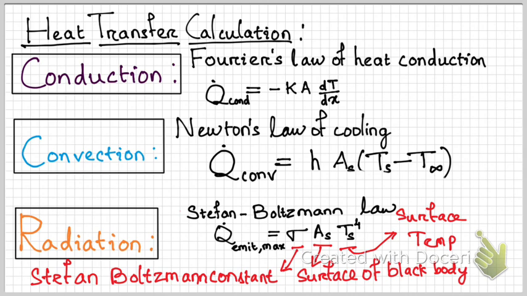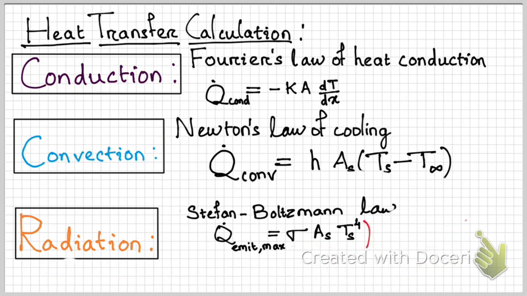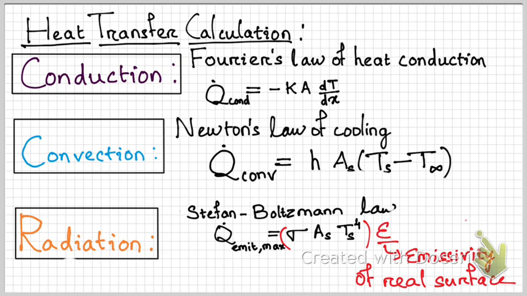A black body is an ideal body which emits whatever it has absorbed. For a real surface, we multiply by a factor known as emissivity. This factor defines the quality of radiation by any surface.